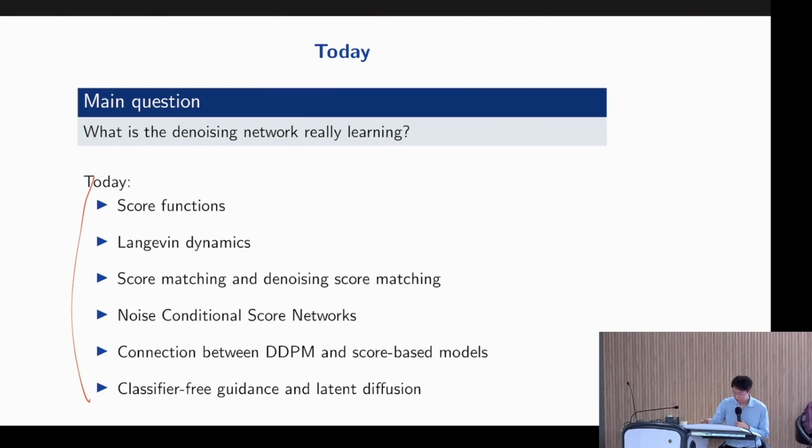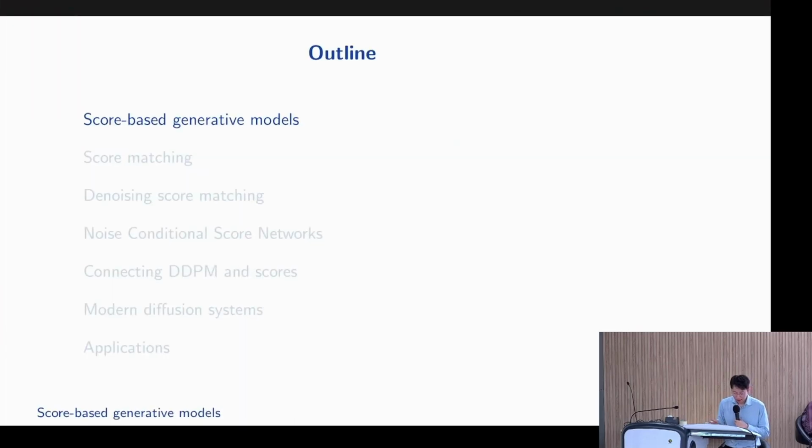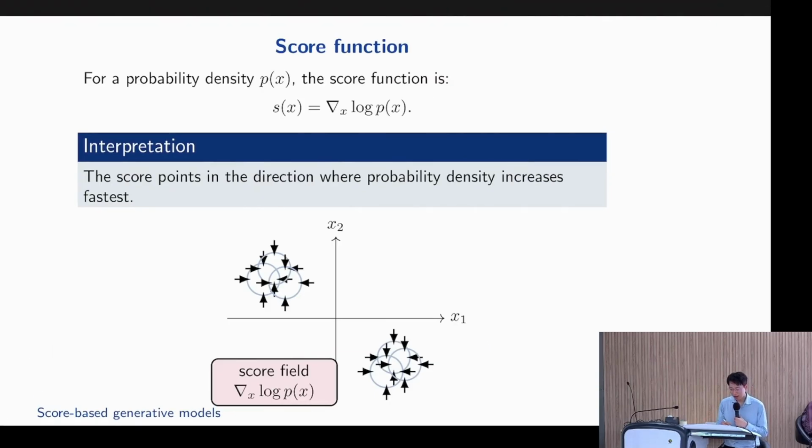So, okay, so given a probability density P of x, the definition of a score function is the gradient of the log probability with respect to x. So the interpretation is the score function points in the direction where the probability density increases fastest because it's a gradient.